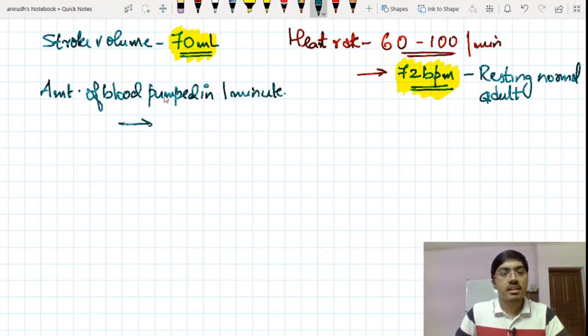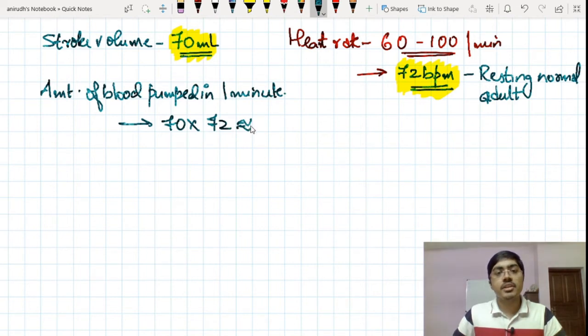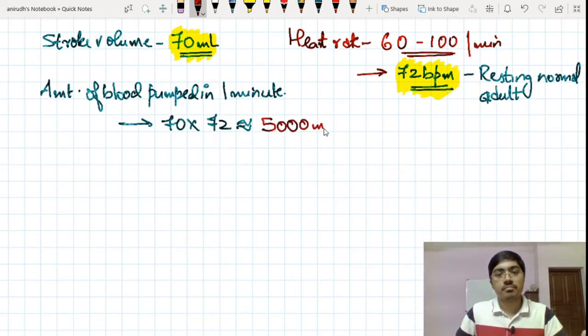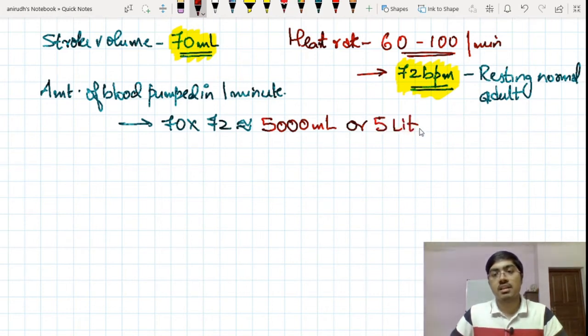Each contraction it is 70 ml multiplied by 72 times it is contracting per minute. So this is nearly 4900 something ml, and this is approximated to 5000 ml, or I can say 5 liters.